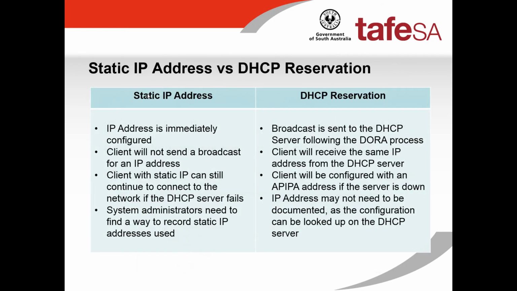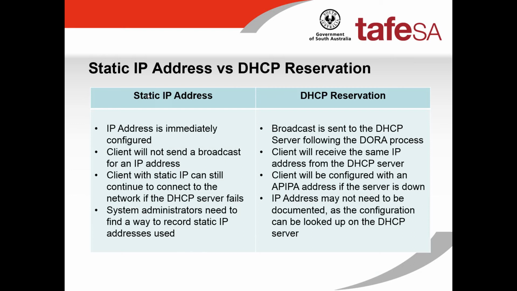During your network design, you may have to decide between using a static IP address, which will always work, or using a DHCP reservation for devices that require an IP address that stays the same. For some devices, such as a domain controller or other servers, you may decide that it's critical that the server be configured with an IP address in the event that the DHCP server goes down.